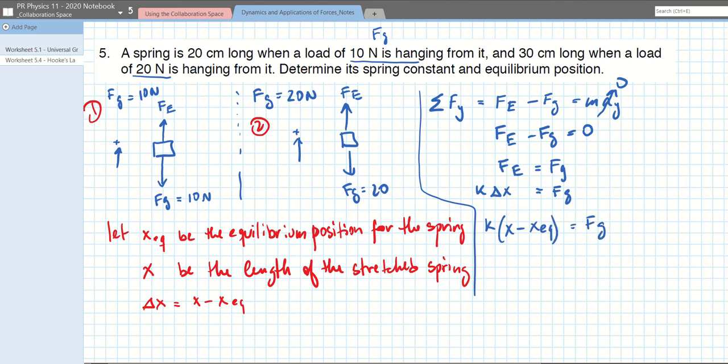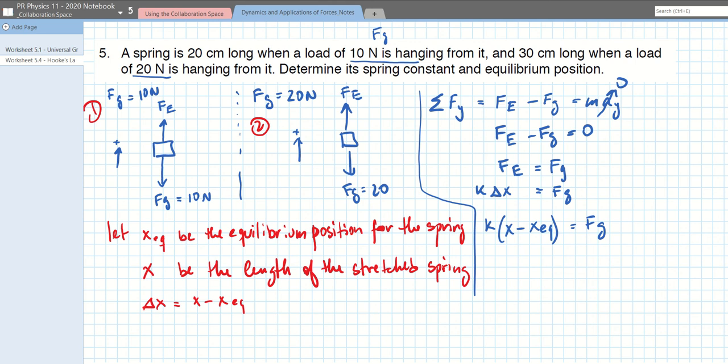Again, the F net equation is going to be the same for both of them. The values are going to be different for the x value, so one is going to be a little longer than the other. We know the x, but we don't know the x equilibrium. So let's write the two equations, one for each case.